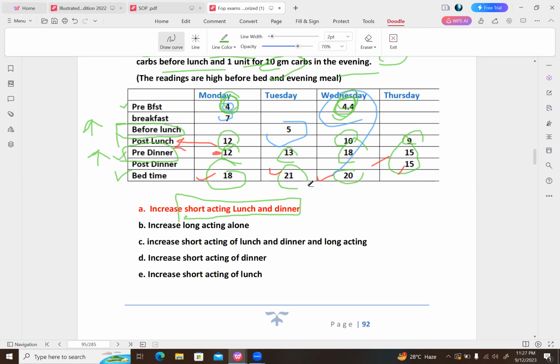In the morning, when the patient wakes up, he wakes up with too high levels of glucose because you are giving too much insulin. So you have to cut down that long-acting insulin which you give at the bedtime. You have to decrease the dose of that. Okay, and this effect is called the Somogyi effect.